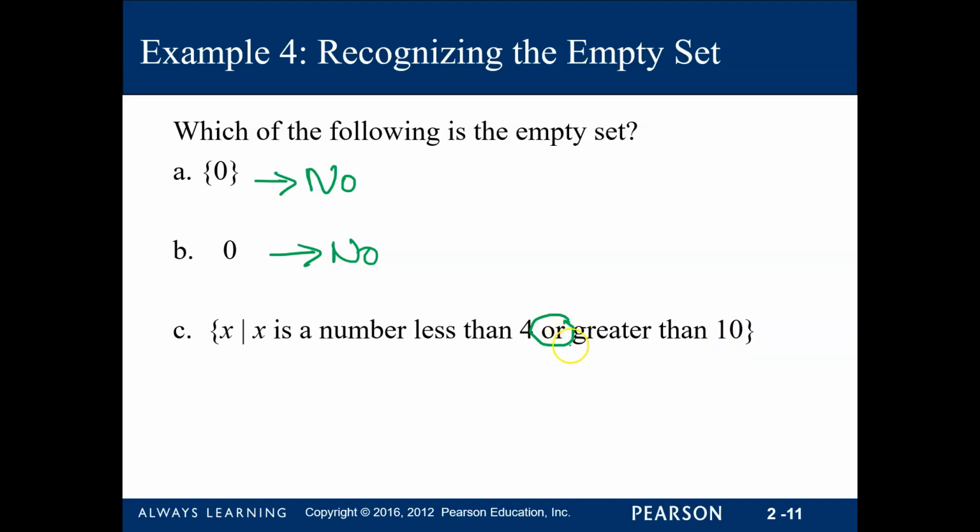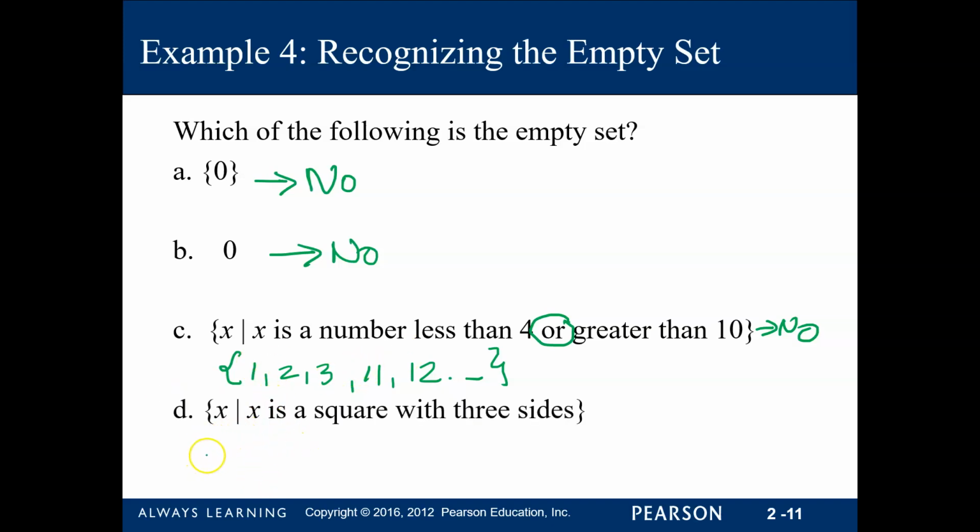Now, when you have the or, you can satisfy the less than 4 side, or it can also be true for those greater than 10. So this part will not be empty. If you list down these numbers, what are the numbers less than 4? You have 1, 2, 3, and then greater than 10, you have 11, 12, and so on and so forth. So this is not going to be an empty set.